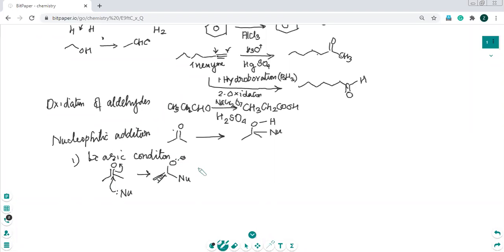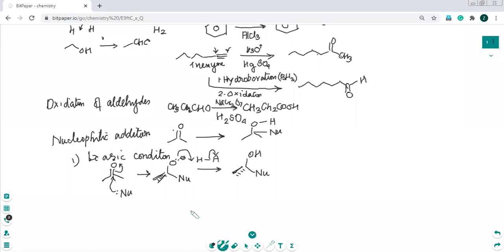Now after the reaction is over, you add an acid. Acid will supply a proton that will be taken up by this compound, and you will get the product OH and nucleophile.